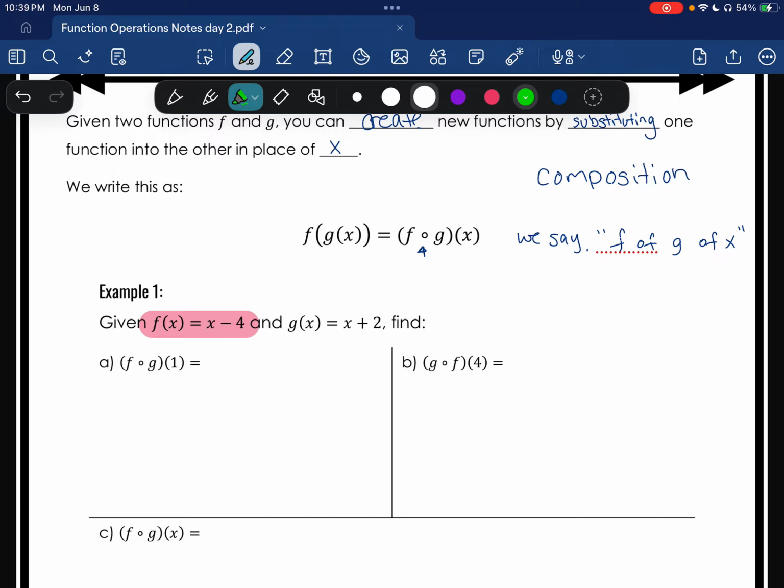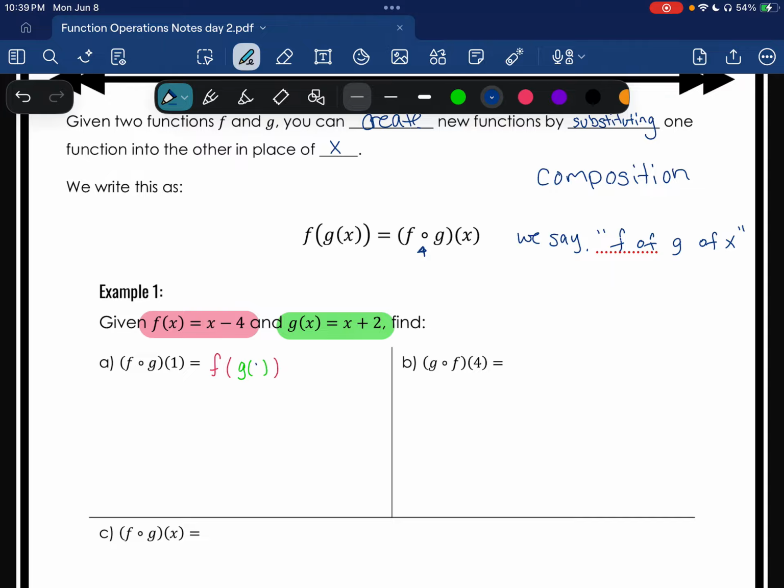All right, so this first one is f of g of 1, and I would totally encourage you to keep saying it out loud to get that practice. What this means is taking my function inside my function, whatever I get when I evaluate my function g when x is 1. So I need to figure out what's going on in my function g at 1.